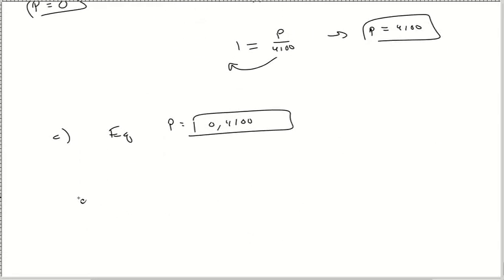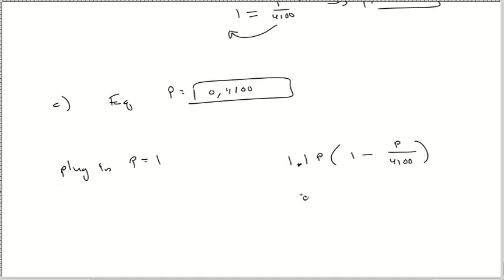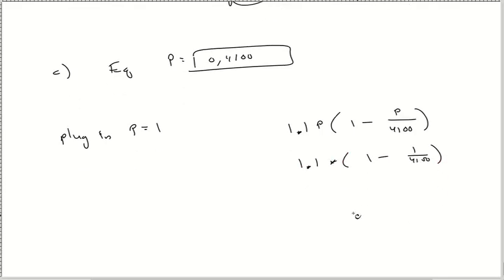Okay, so how do we do parts A and B? How do we find the increasing, decreasing stuff? What I do is plug in P equals 1, because I just want to see what's going on at P equals 1. So I have 1.1 P times (1 minus P over 4100). When I plug in a 1, I get 1.1 times 1 times (1 minus 1 over 4100).